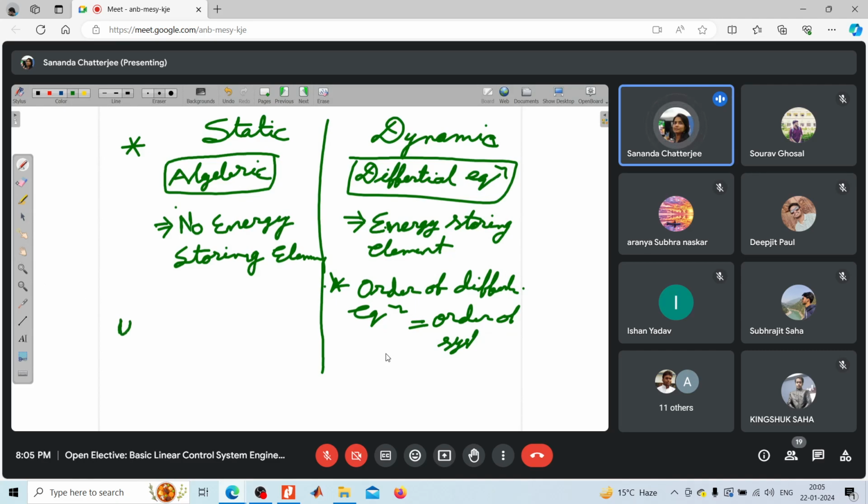Or if I write it in terms of X and Y, say I have a plant, the input to the plant is X and the output of the plant is Y. So what will be the generic differential equation representation?